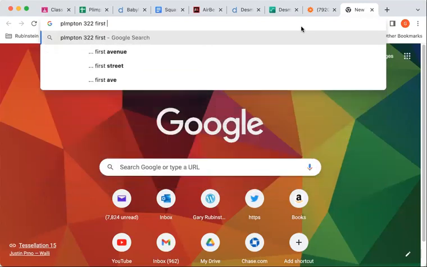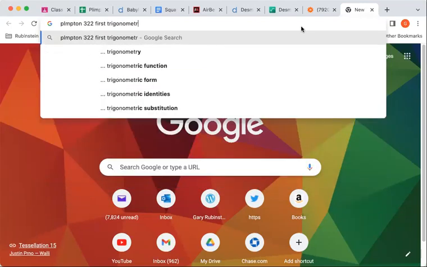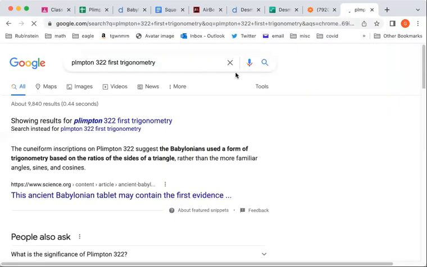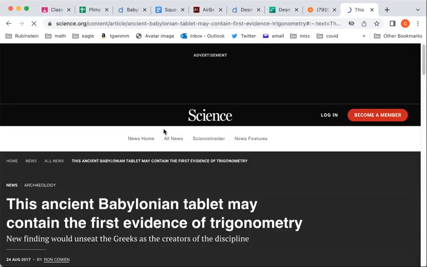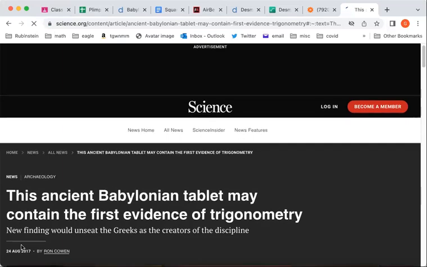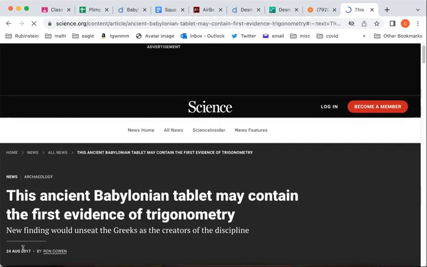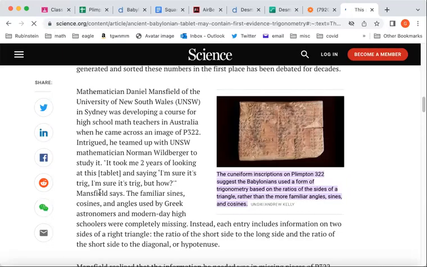I did find recently Plimpton 322 first trigonometry. People are still, like, here's an article: this ancient Babylonian tablet may contain the first evidence of trigonometry. This is in 2017. The trigonometry thing has been debunked.